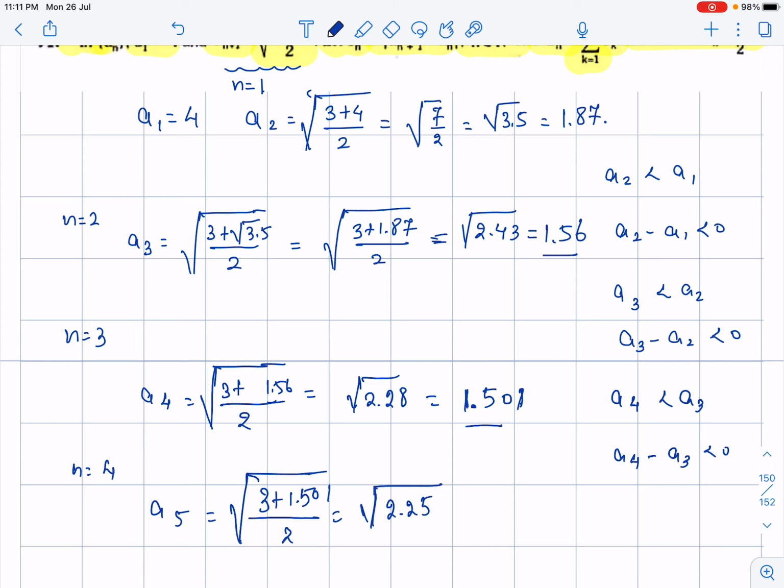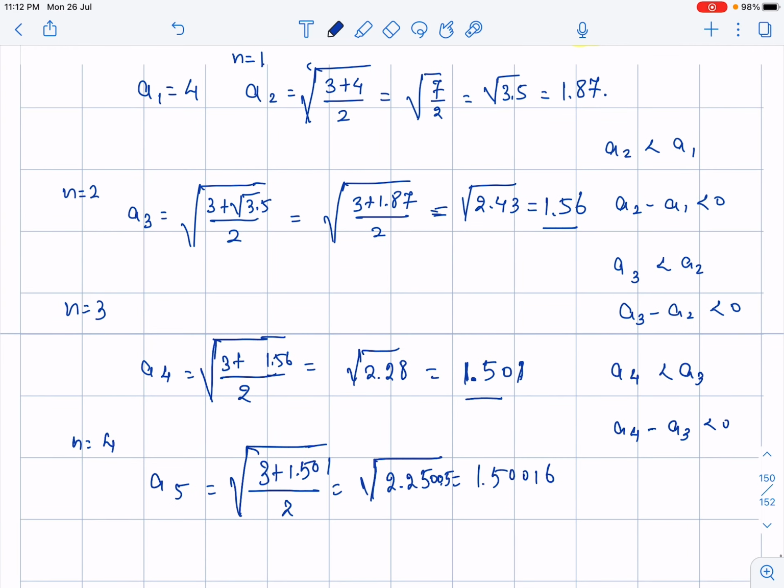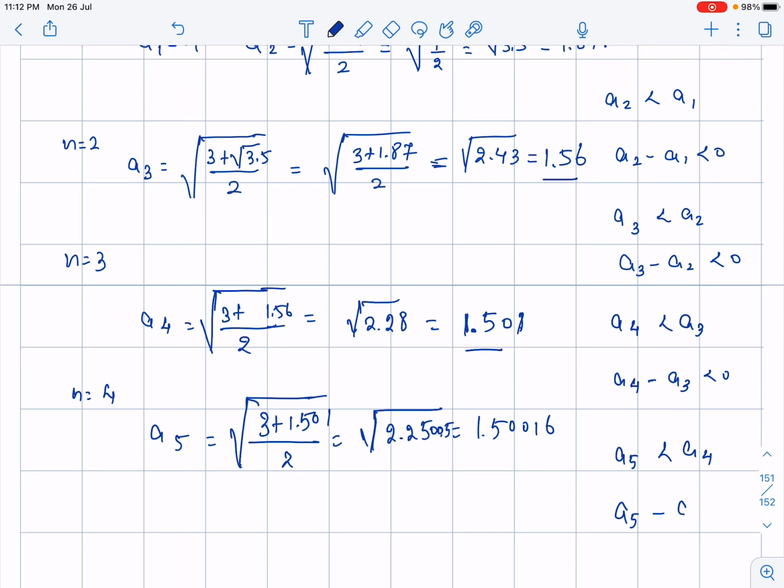The approximate value of that will be a little greater than 1.5, because I took 1.501, so that will be becoming 2.2501, and the final value will be becoming 1.50016, because we have divided by 2 also. Every time we can see that a5 is lesser than a4 over here. That means a5 minus a4 will be lesser than 0.